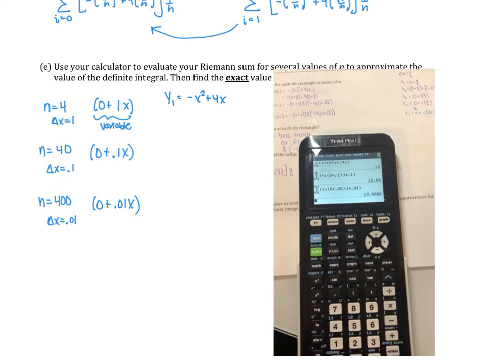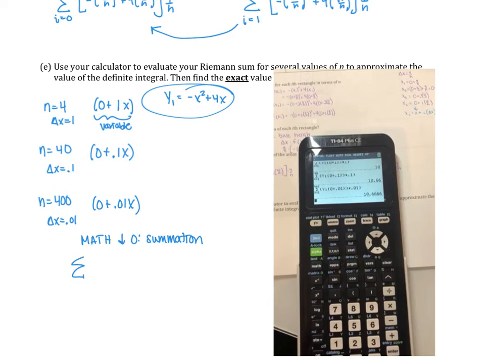So let's look at what we're typing in our calculator again, just so you can see it. So what I'm going to do is put y1 into my calculator. Then I'm going to go to math, and I'm going to go down to number 0, which is summation. And what I'm telling my calculator to do is take the sum.